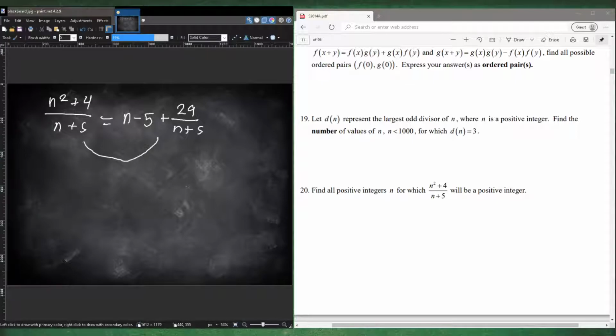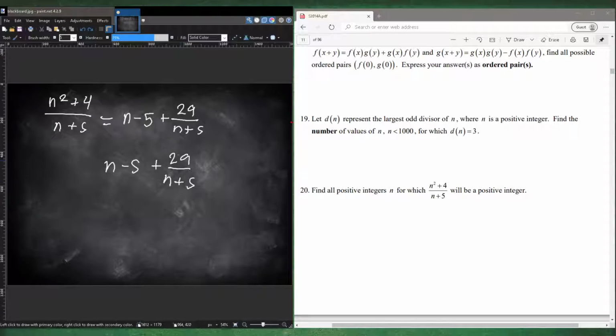Now this and this are equivalent, but now it's much easier because we have a constant and a linear part. So this is the integer part. So find all positive integers. We have n minus 5 plus 29 over n plus 5. The only way for this entire thing to be an integer is if this is an integer, because this is already an integer.